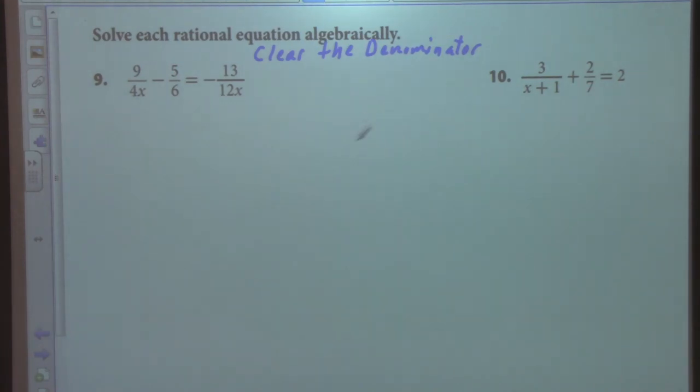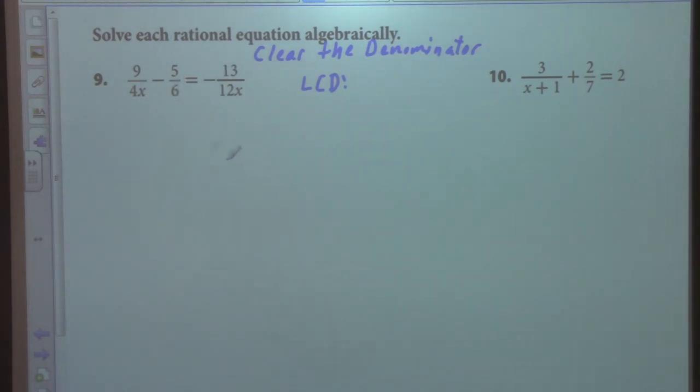Let's find our least common denominator from all these denominators. We don't have any factoring to do, but what is going to be our least common denominator from 4x and 6 and 12x? I'm not going to worry about negatives right now.